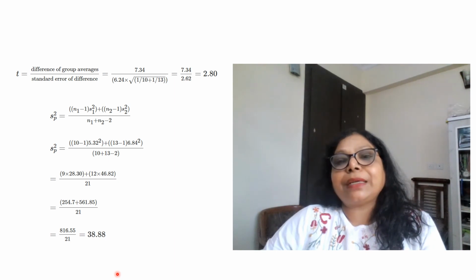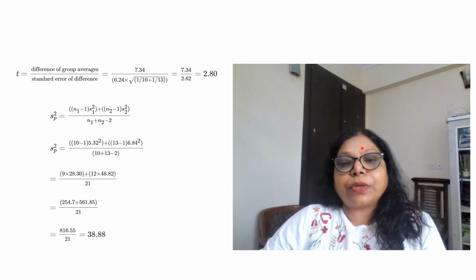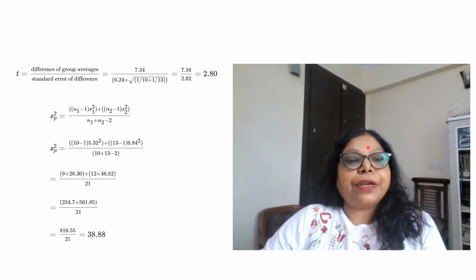So we put 10 minus 1, and 5.32 is the standard deviation, and 6.84 is the standard deviation for the group which has n equal to 13, and n1 plus n2 minus 2, so that is 10 plus 13 minus 2. Calculating the values we get the answer to be 38.33. This is the pooled variance.